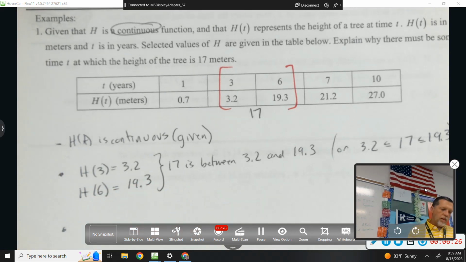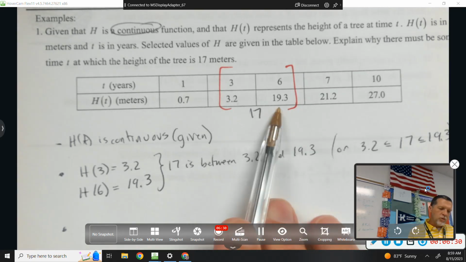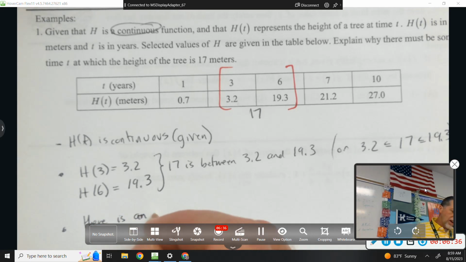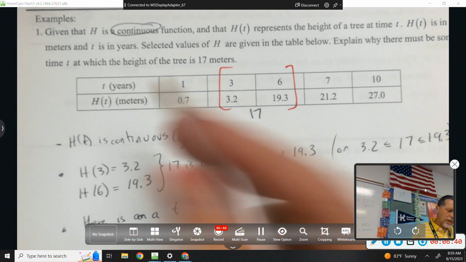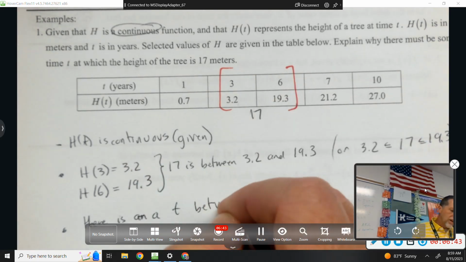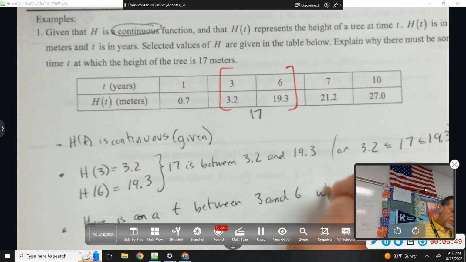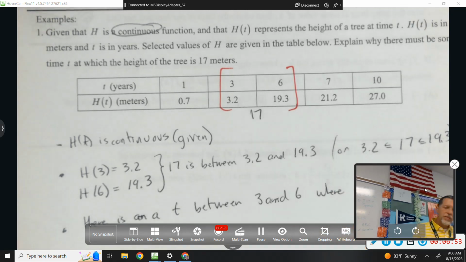So if 17 is between those two y values, then there is a t, we're doing t rather than x, between 3 and 6, where h of t equals 17.